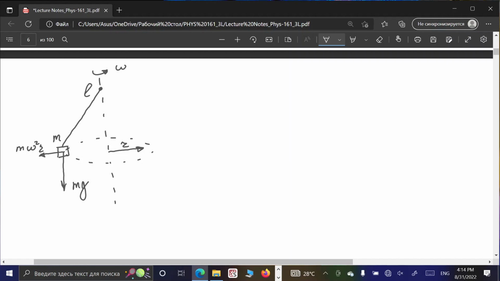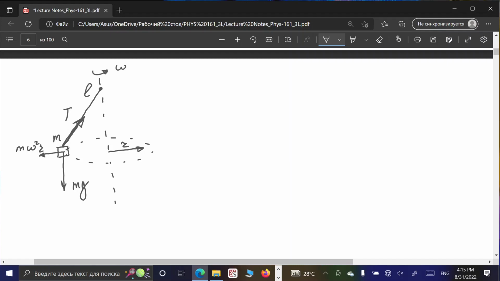Now, what else? We need one more force. Tension, yeah. And that is because we keep this all together. Otherwise, it would just fly away. So we need tension which compensates in both directions x and y. It keeps the system together.